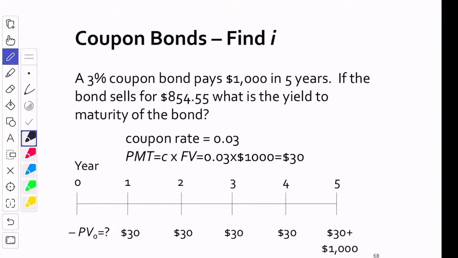So it should be the case that the coupon rate is less than the interest rate. So the interest rate should be greater than 3%. That's just giving you an idea of what to expect, but we can solve this.